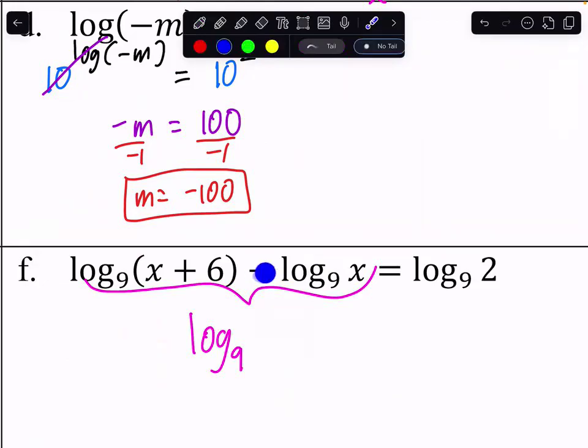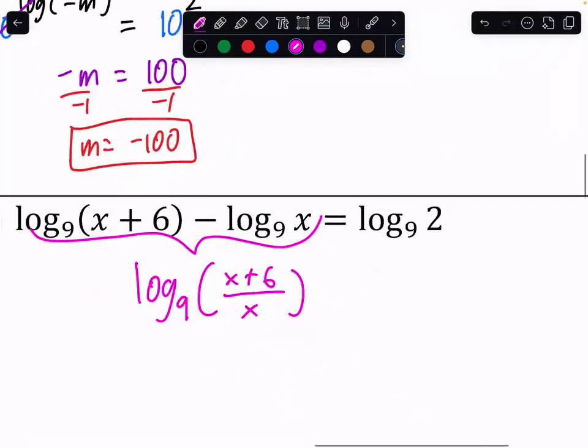But we learned last class that when you subtract two logarithms, you don't multiply the arguments like you do when you add. Here you divide the two arguments. The first one is the numerator, and the second one would be the denominator, x. We'll leave the other side alone for now because it's already a single logarithm.